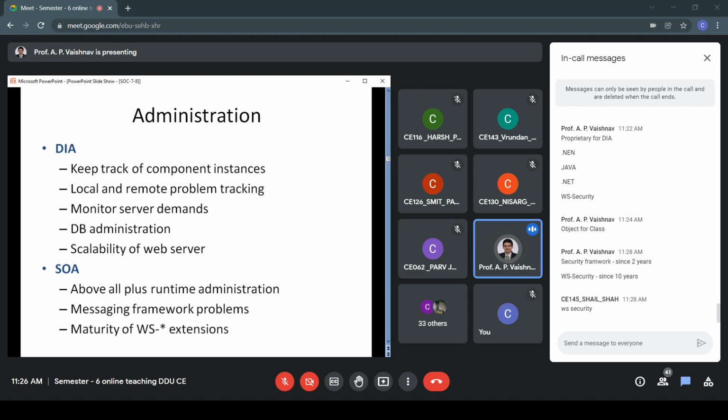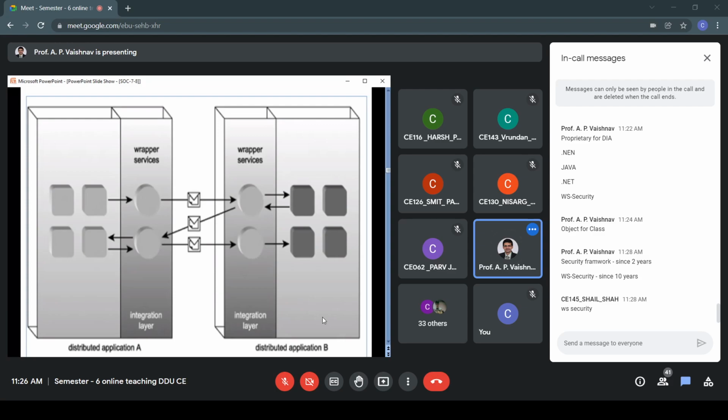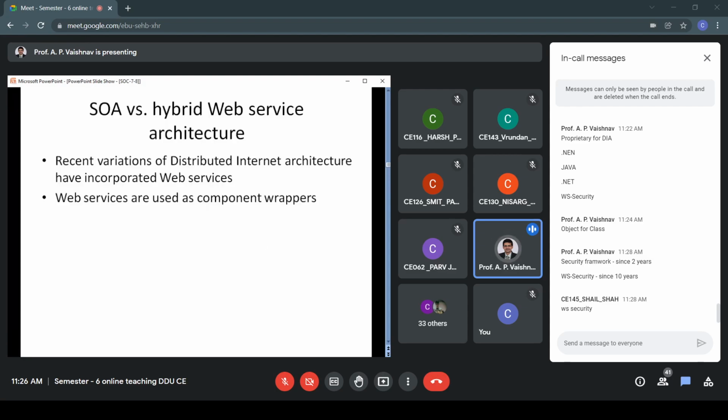Now let us look at one more diagram. This is called hybrid web service architecture. In earlier days, as DIA had some issues, what people did was make use of web services.